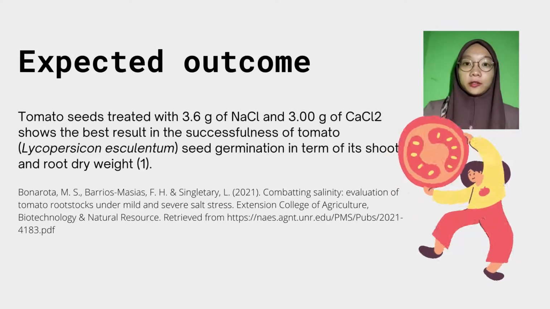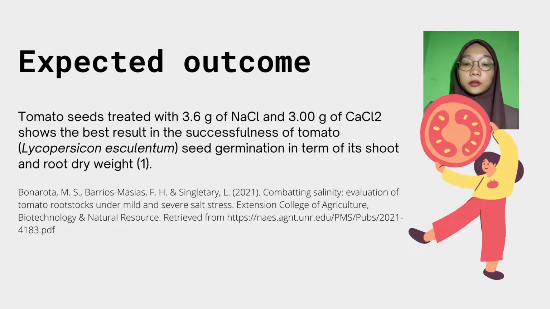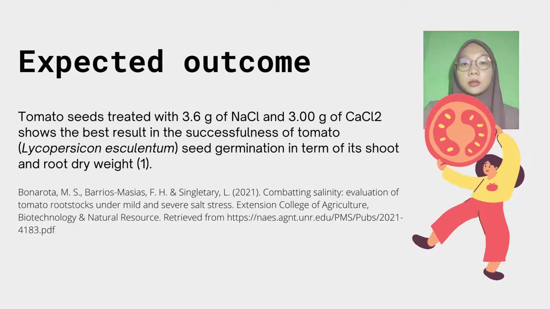The expected outcome for this experiment is that tomato seed treated with 3.6 gram of sodium chloride and 3 gram of calcium chloride shows the best germination rate in terms of shoot and root dry weight. The reason behind this result is that this mix of sodium chloride and calcium chloride will produce an EC, or electrical conductivity, at moderately saline, which is 4 to 8 decisiemens per meter.